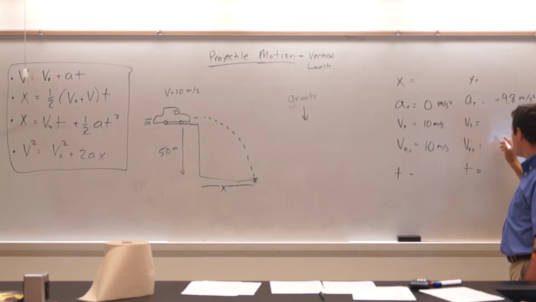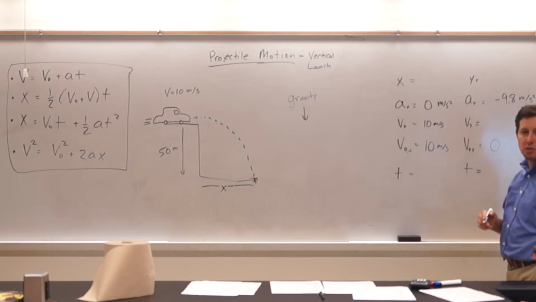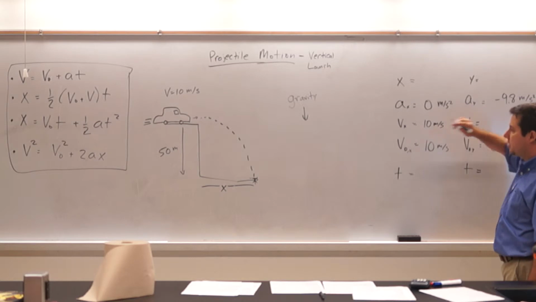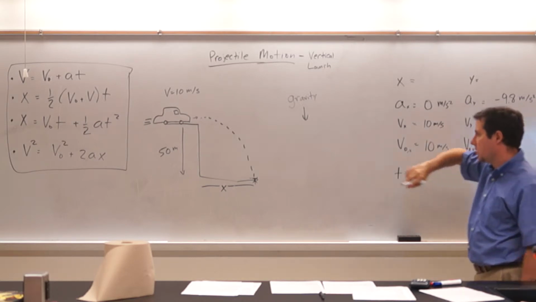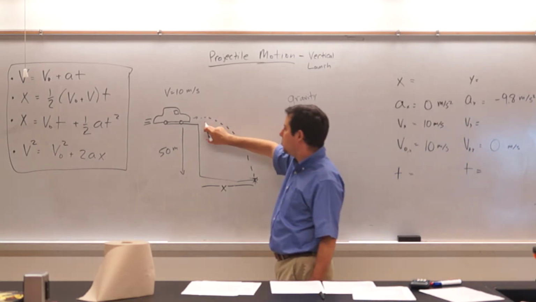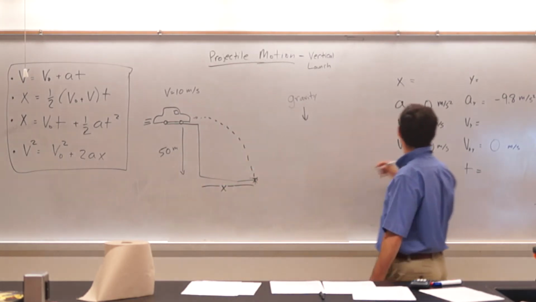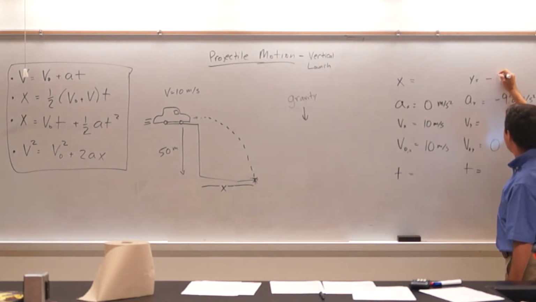None of it is in the y direction, so the initial speed in the y direction is 0 meters per second. So we've got 2 variables now. There's just 1 more variable that we need. That's going to be the y distance, right? In this case, it's moving 50 meters, but that's in the negative direction. So the total distance traveled is negative 50 meters.